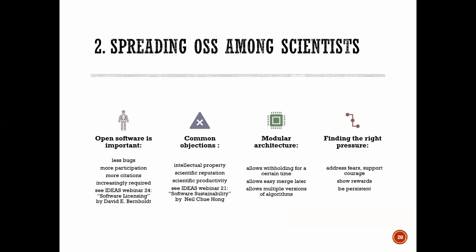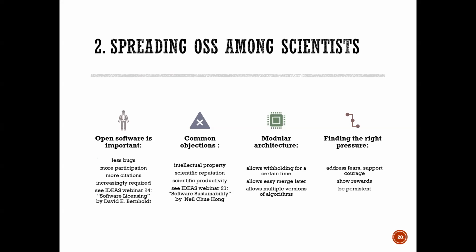The second topic deals with spreading the idea of community software among scientists. And this can be difficult in different communities. We know that open software is important in many ways.